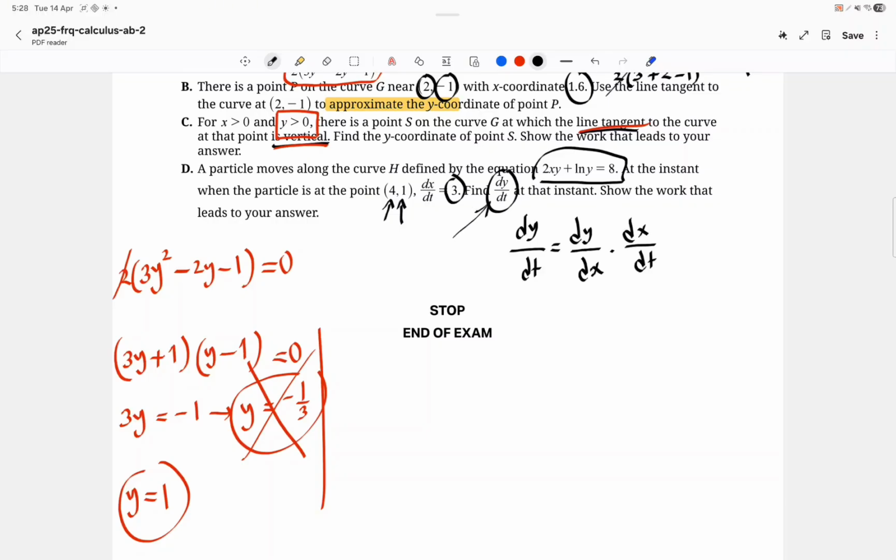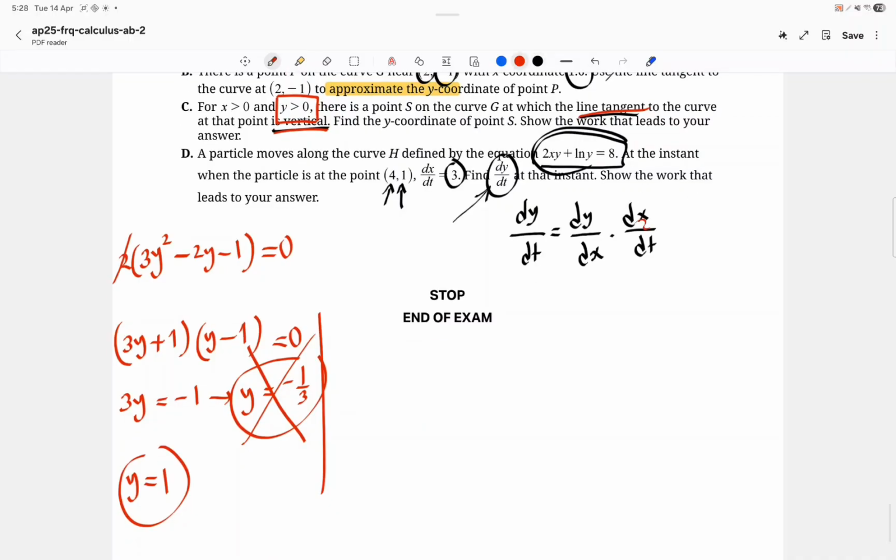This is called related rates. Why? Because essentially that will cancel this. So now we should find dy over dx for this one.